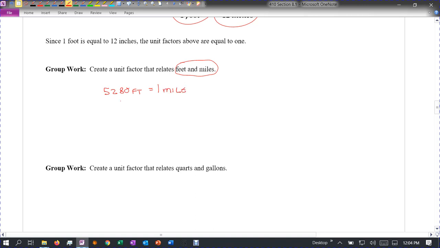So the two different unit factors we could create are 5,280 feet over 1 mile, or we could do 1 mile over 5,280 feet.